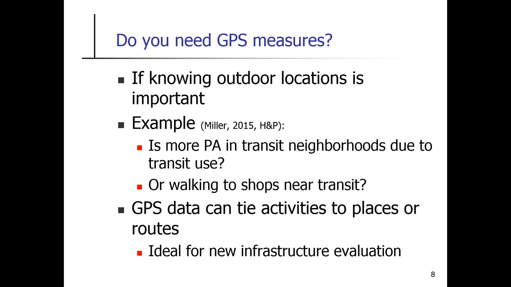So with GPS data, where you can identify mode of activity, both walking and transit use, you can separate out these potential sources of physical activity. So I believe that GPS data can be very useful to tie activity to place or route, and that makes it ideal for examining new infrastructure.